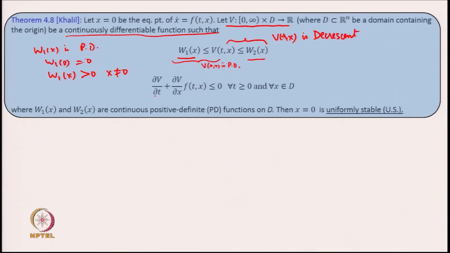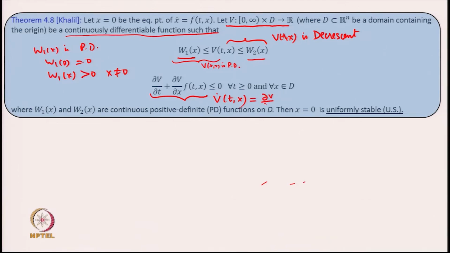Okay. So, let us move on to the second condition. The second condition is slightly more involved. However, if we look at it more closely, this is simply the time derivative of V. So, V dot of t comma x can be computed by using the chain rule.